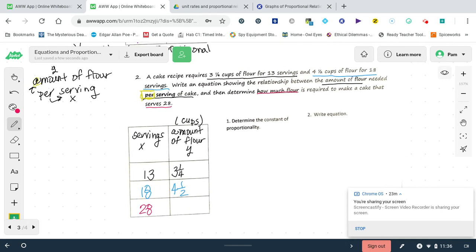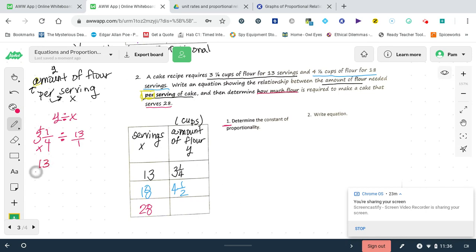What you can do to determine the constant of proportionality then is take any one of these rows and solve for it and divide. So I could take 3 1/4, because remember it's Y divided by X, and divided by 13. I'm going to put 13 over 1. And I would change this to an improper fraction.